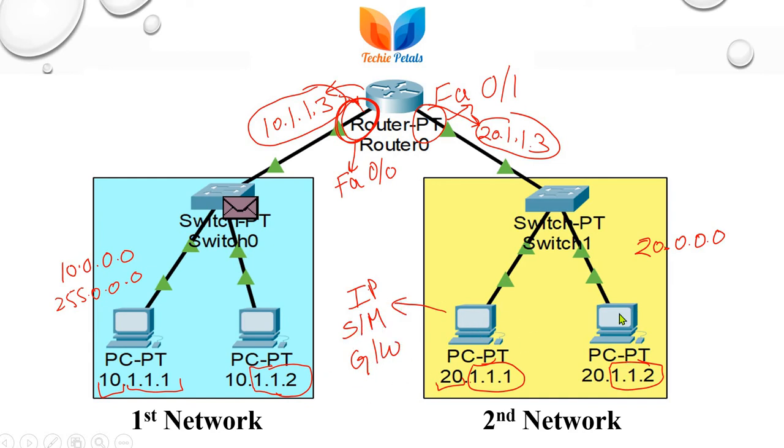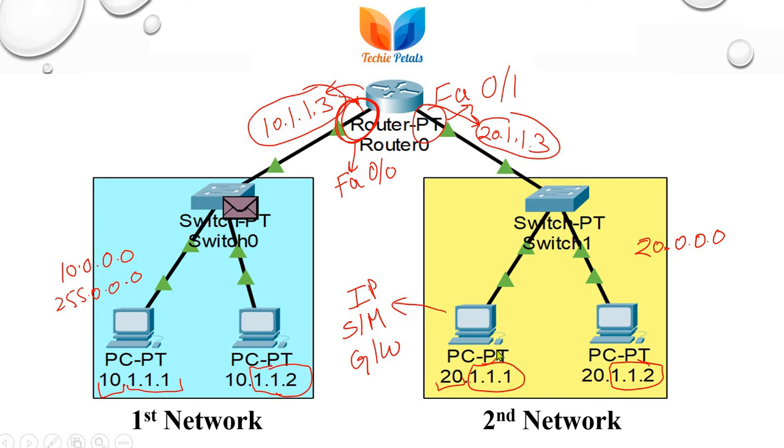The subnet mask and gateway for every host in the network would be the same. Means for this system also the gateway will be 20.1.3 and for this system also 20.1.3 will be the gateway. Subnet mask will be 255.0.0.0, the same for all the systems here.